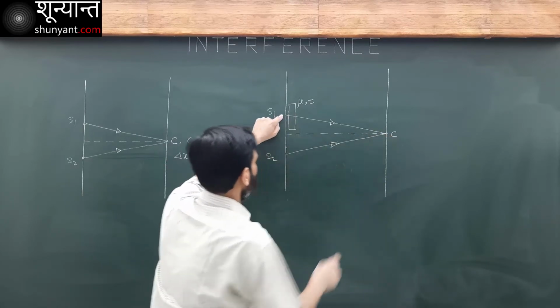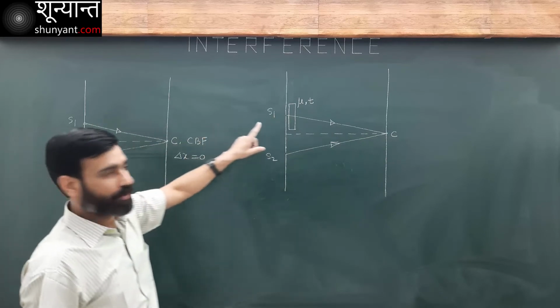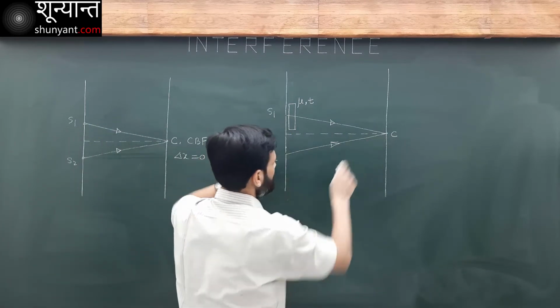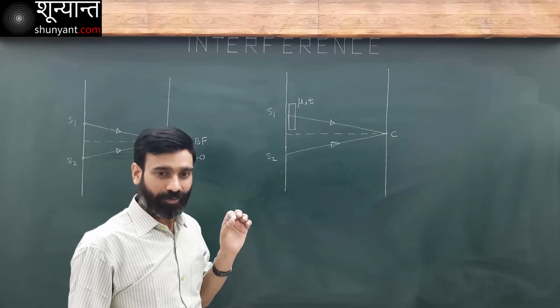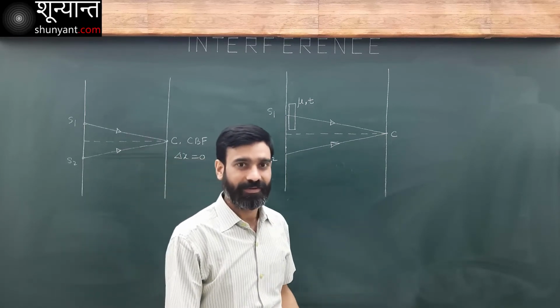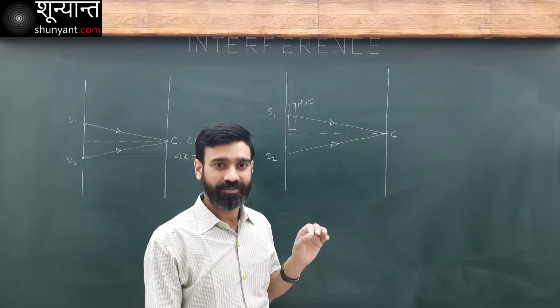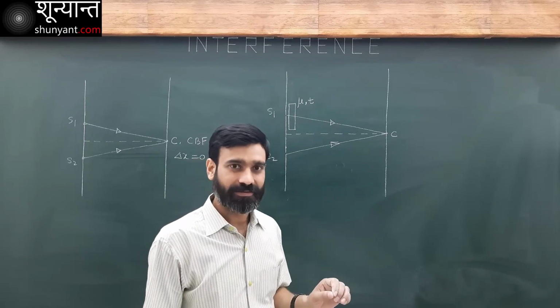The geometrical paths S1C and S2C are the same, but the optical path is not the same. So there will be an optical path difference, and because of that, there will be a phase difference.